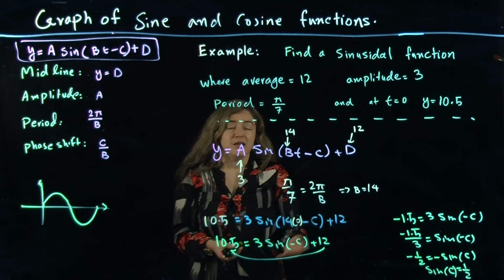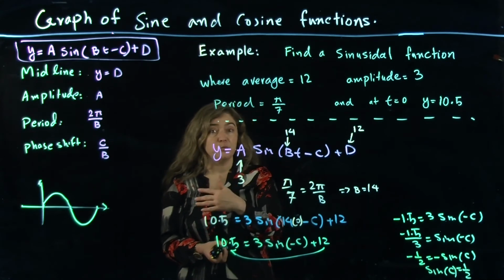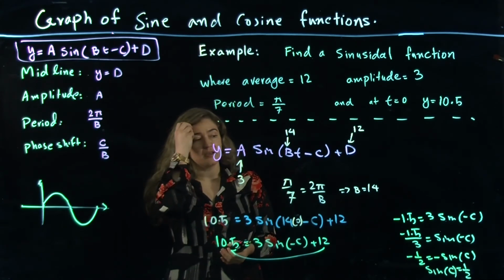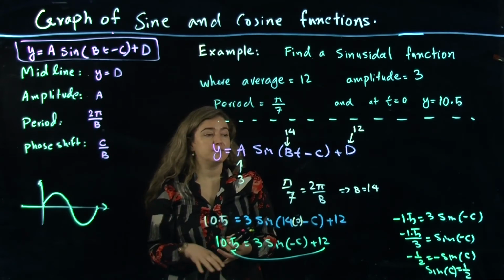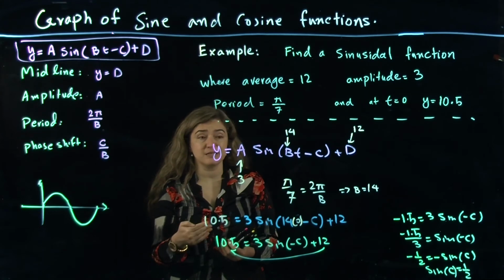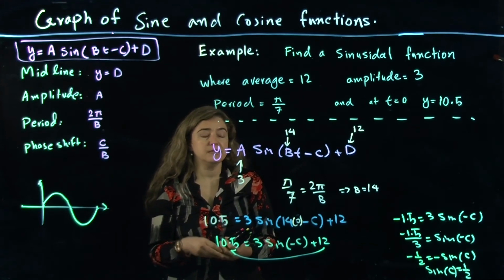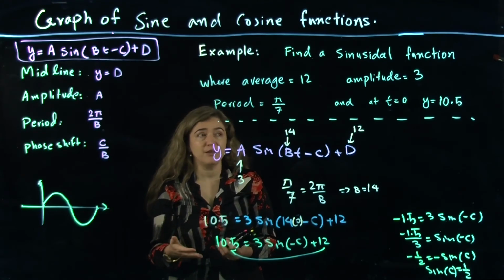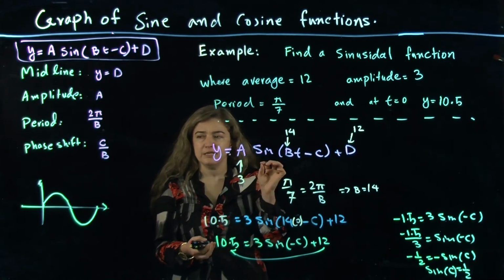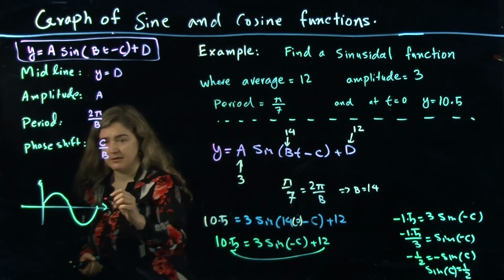This would give me what value? If I go back to the reference table, what value of C would give 1/2? Sine of C equal to 1/2. One of them is pi sixth. The next one would be 5 pi sixth, and so on and so forth.